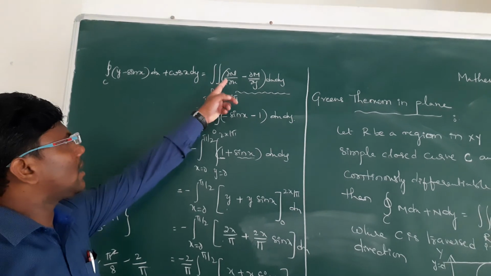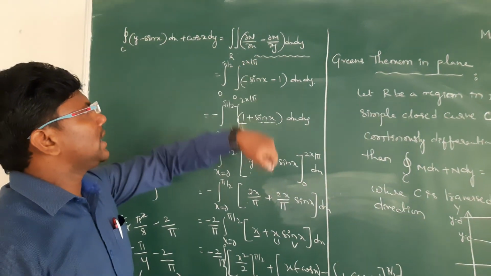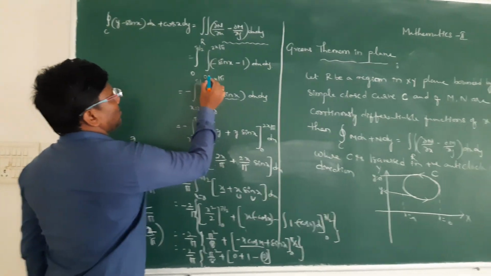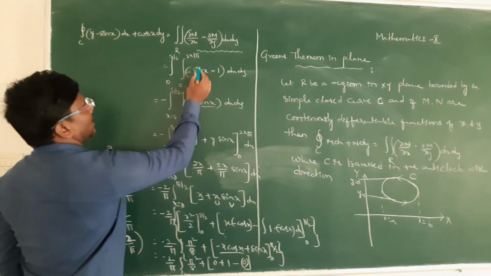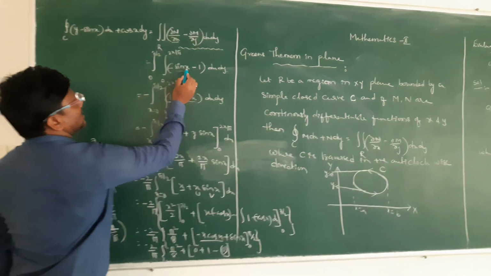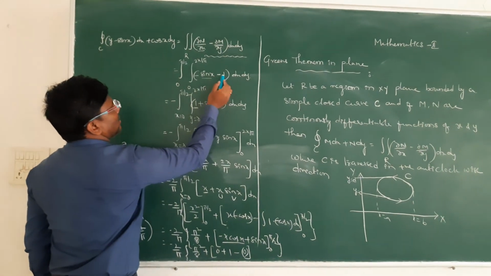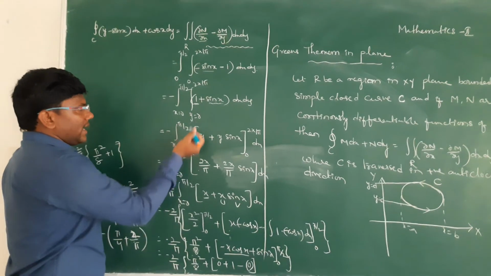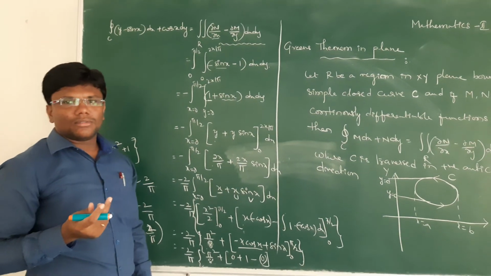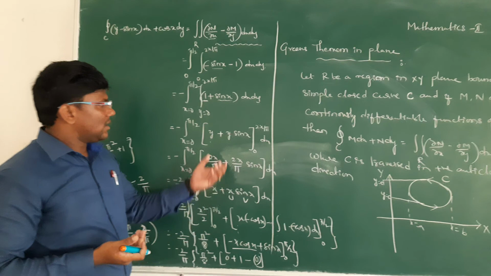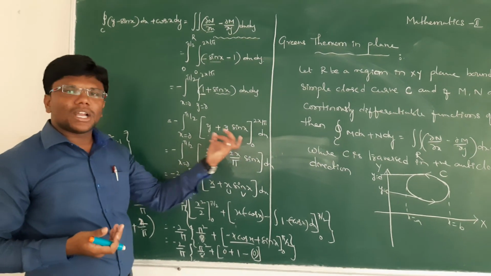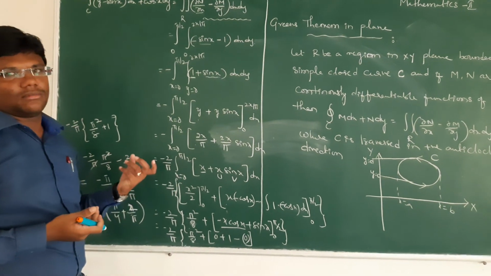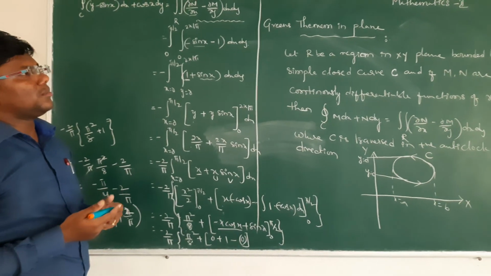Dou N by dou x value is minus sin x, dou M by dou y value is 1, that is minus 1 into dx dy. Take minus common. Here y limits are in terms of x. We are going to simplify by first integrating with respect to y and substituting the limits, then integrating with respect to x. This is the Green's theorem evaluation.